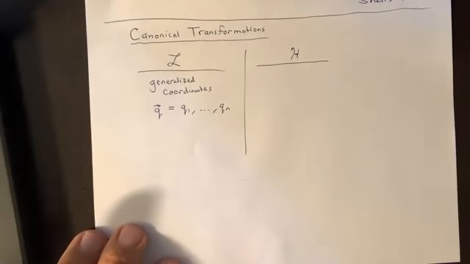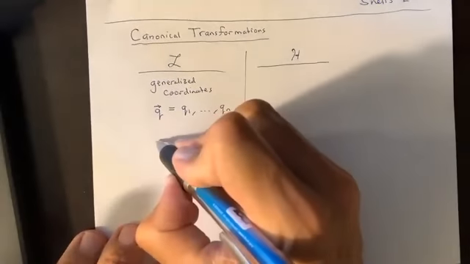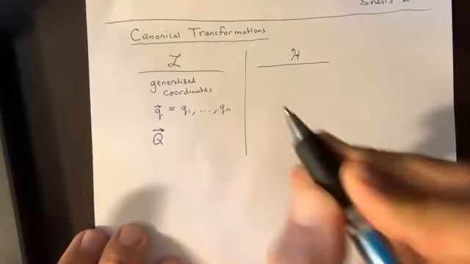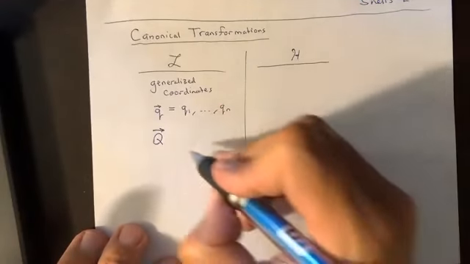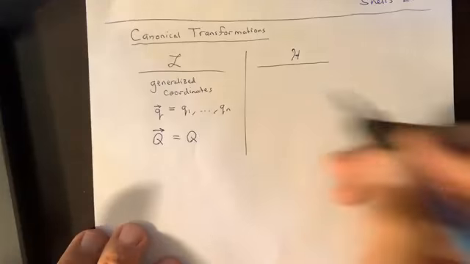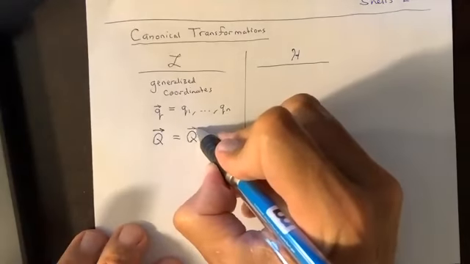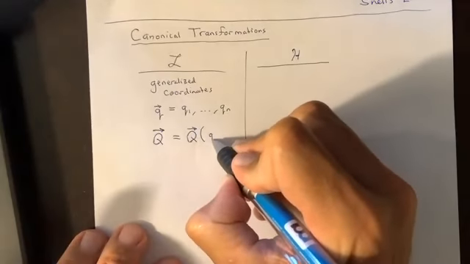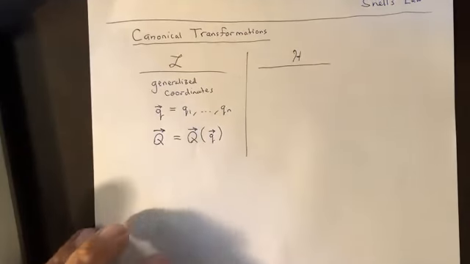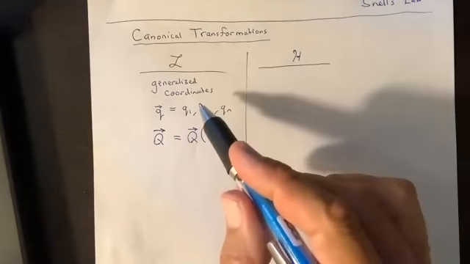And we know that you can transform the Lagrangian. So for this discussion, we use capital Q. This is a new choice. And again, our notation is to emphasize the functional relationship. So this is a transformation.